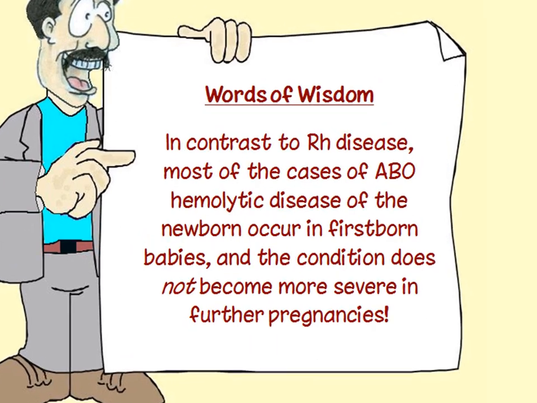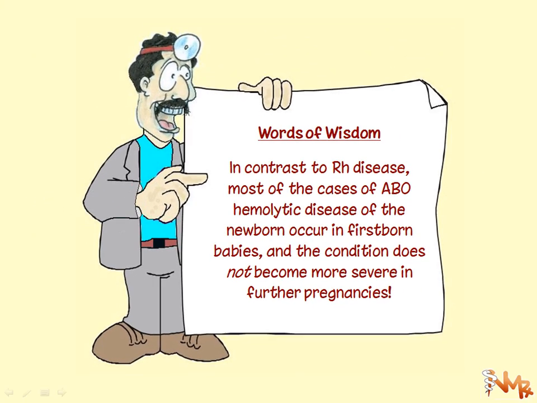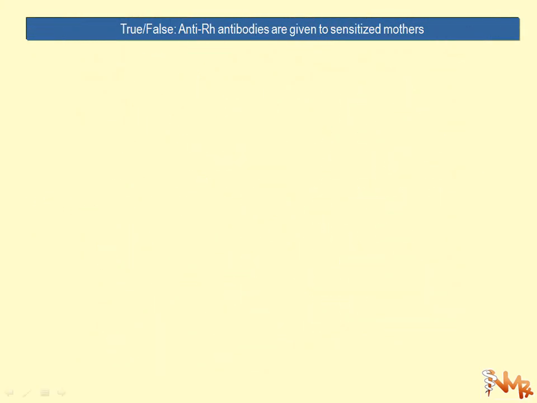To summarize, in contrast to Rh disease, most cases of ABO hemolytic disease of the newborn occur in the firstborn babies, and the condition does not become more severe with further pregnancies. A very unique finding.